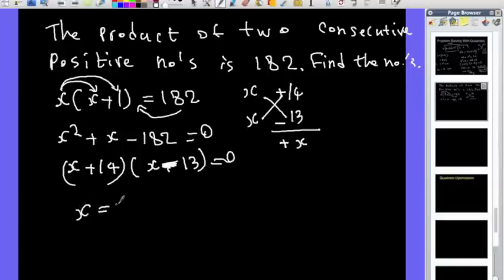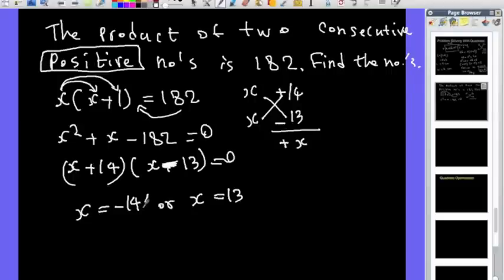So x equals negative 14 and x equals 13. So our answers, we know that consecutive numbers cannot be negative, because here in the question it says positive. So this is not the answer. So the answer is x equals 13.